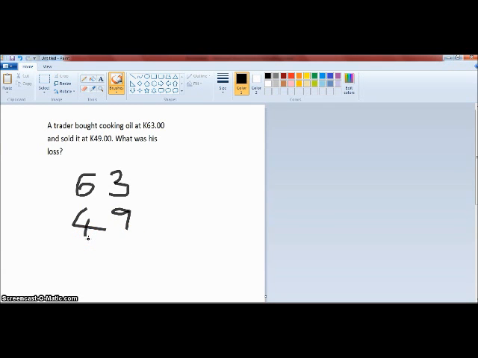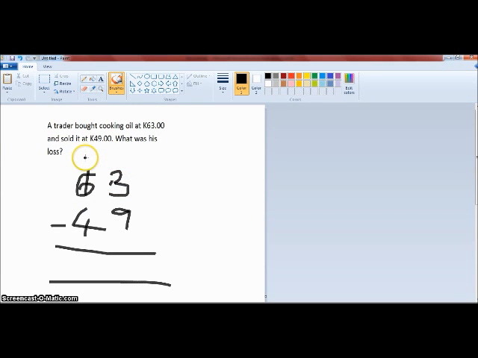So what we're going to do is subtract 49 from 63 to find the difference. The difference is what the loss is. So we're going to do a subtraction here. 3 minus 9. 3 is small, so we need to borrow a 1 from there so that this becomes 13.